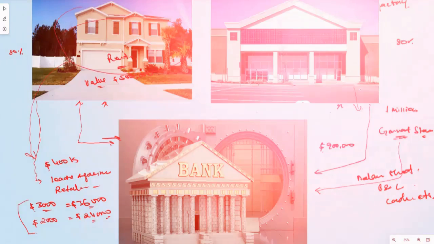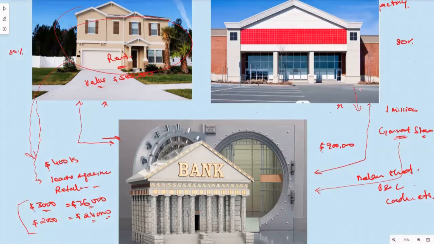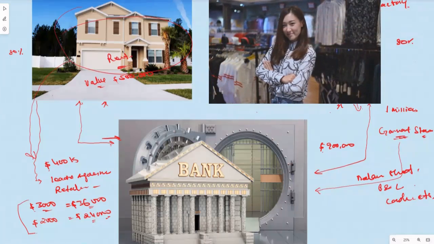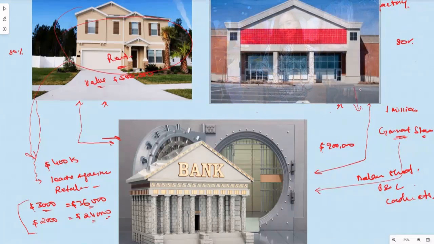On the other hand, when I'm going to set up a retail store for myself, I will be making money not from the building, but from inside it. Whatever I'm going to put inside the store to sell, the income I earn from the sale of those products is going to be the source of my income.